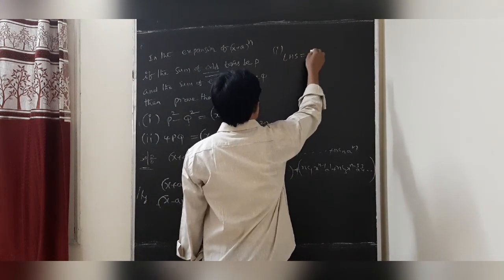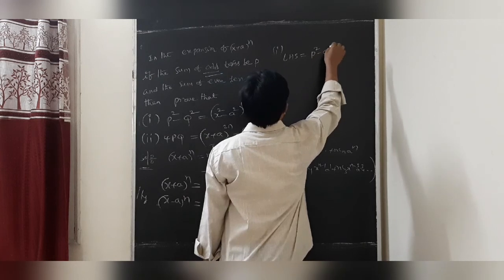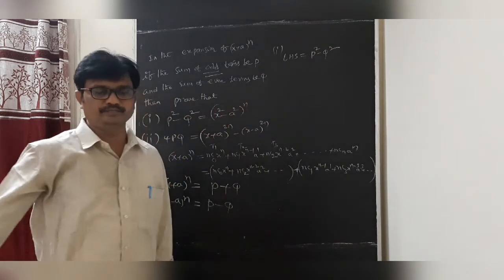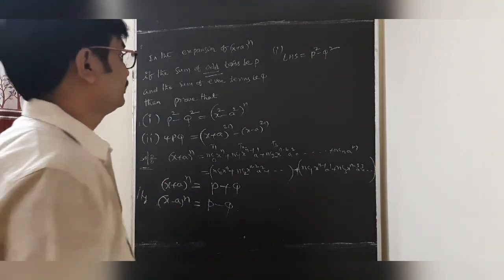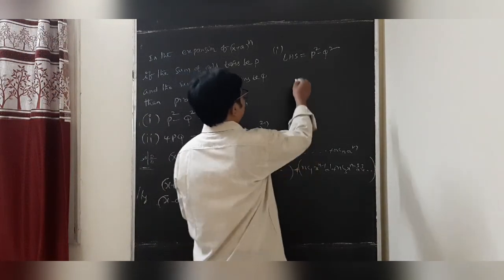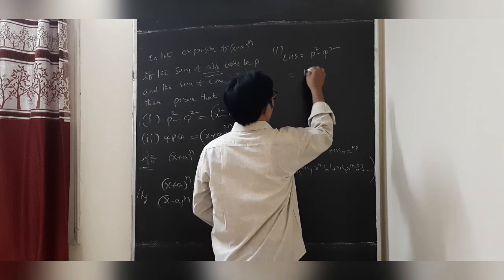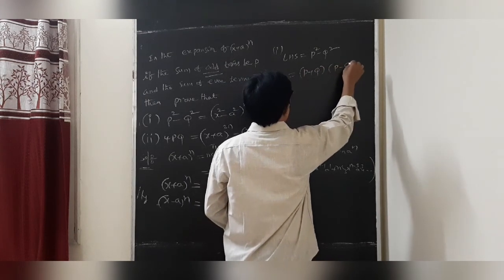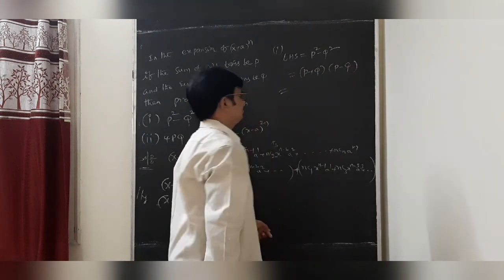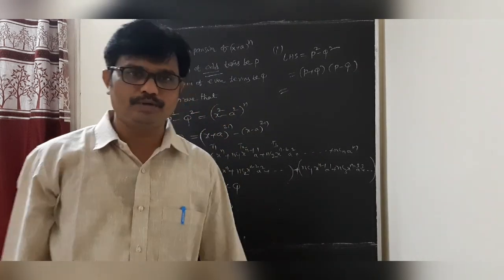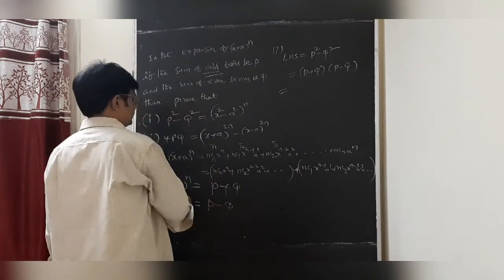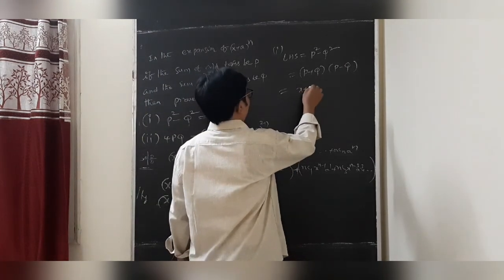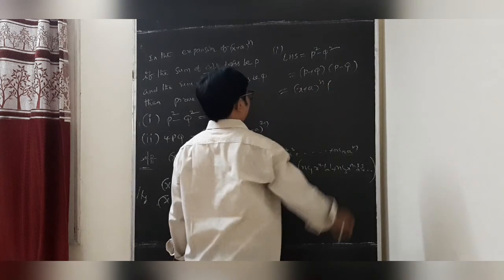So my dear students, right now we have to prove the first question, a very important question. LHS equals P square minus Q square. How to write it? This is P plus Q into P minus Q. P plus Q will be (x plus a) whole power n.